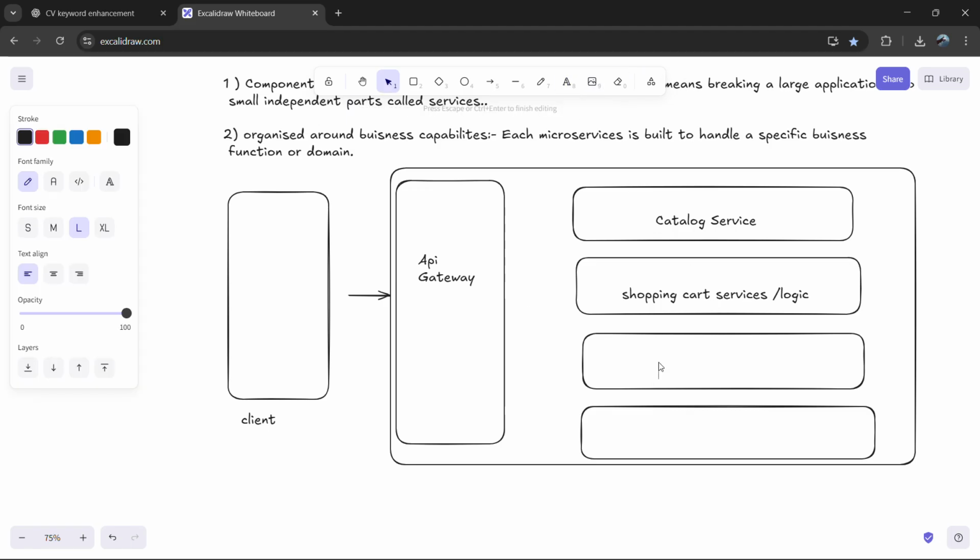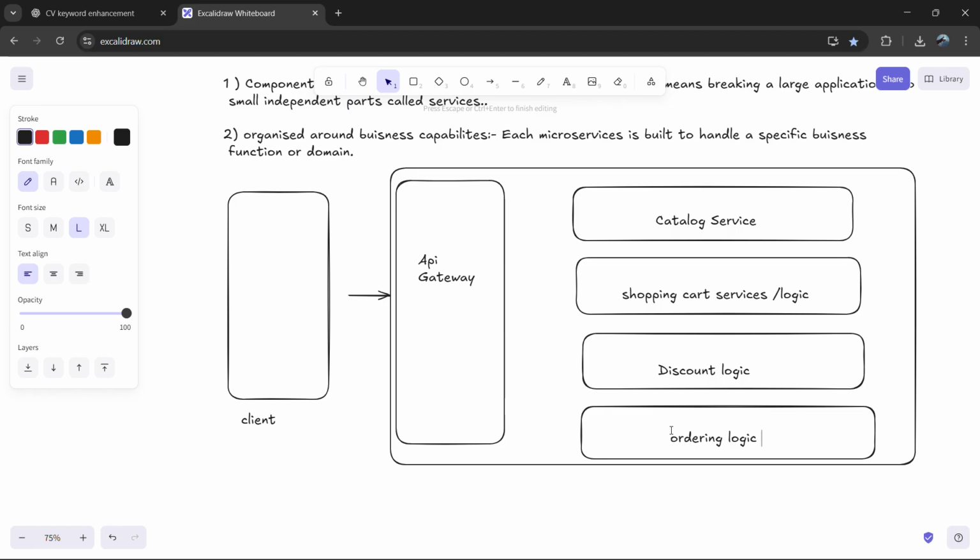In this service, we will write only the code which is used for discount logic. And in the last one, we will write our ordering logic.